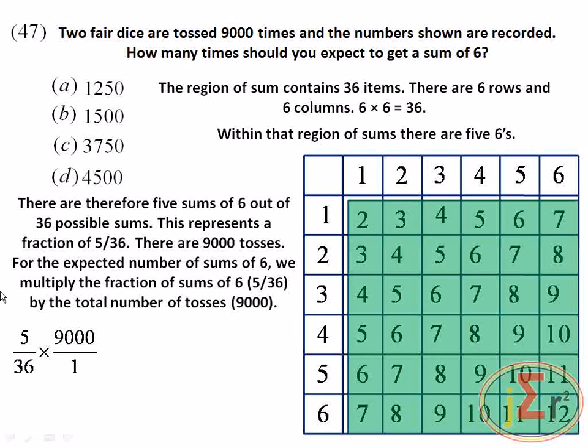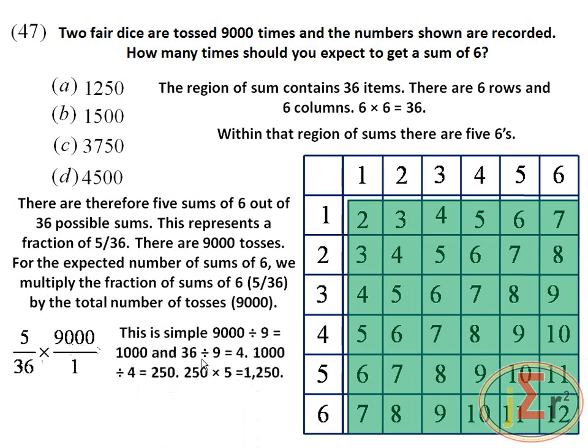There's our fraction, 5 over 36 to be multiplied by 9,000. This is simple. 9,000 divided by 9 is equal to 1,000. 36 divided by 9 is equal to 4. Then we take 1,000 and divide that by 4. We get 250, and that we multiply by 5. That is 1,250, and that is done very quickly.